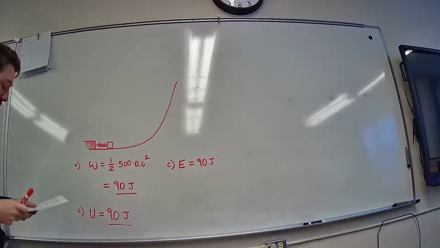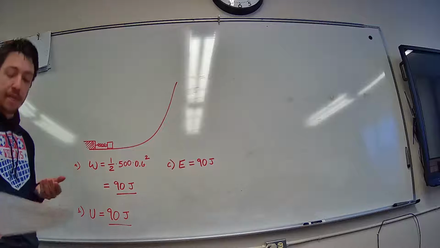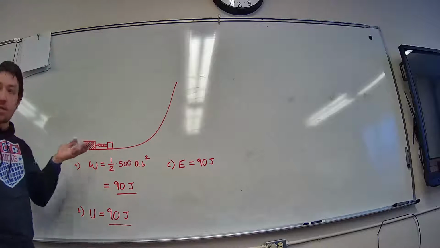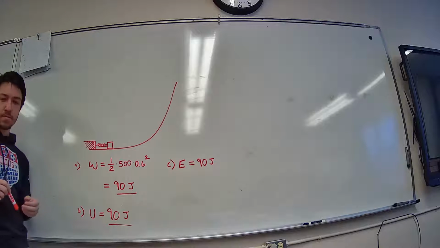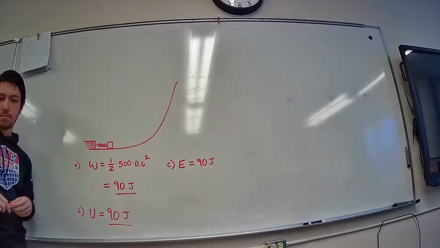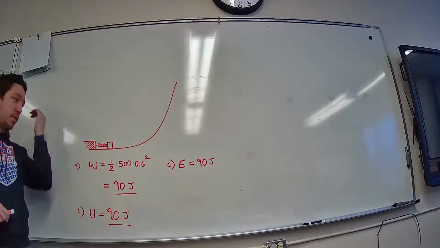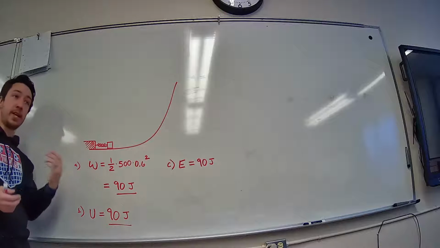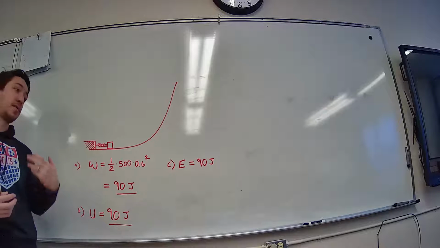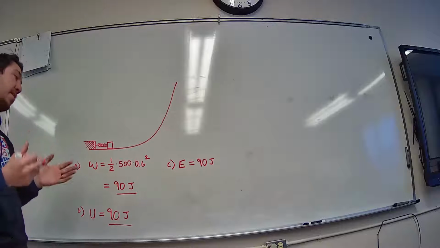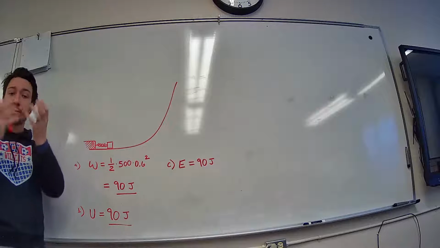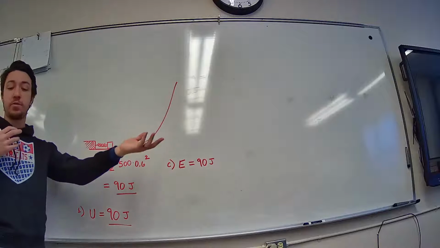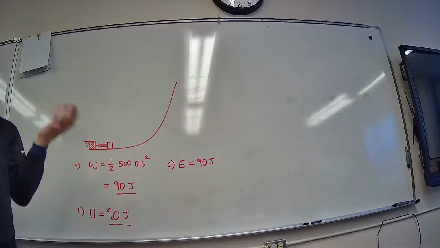Okay, so D says, if you release this, what happens to the energy that's stored in that spring? It's pushed on into the block. Yeah, so you could phrase this in a lot of different ways. You could say the spring is going to exert a force on the block, which causes it to accelerate. But since we're talking about energy, we're just going to say that the potential energy of the spring is transferred into the block's kinetic energy. Does that make sense?